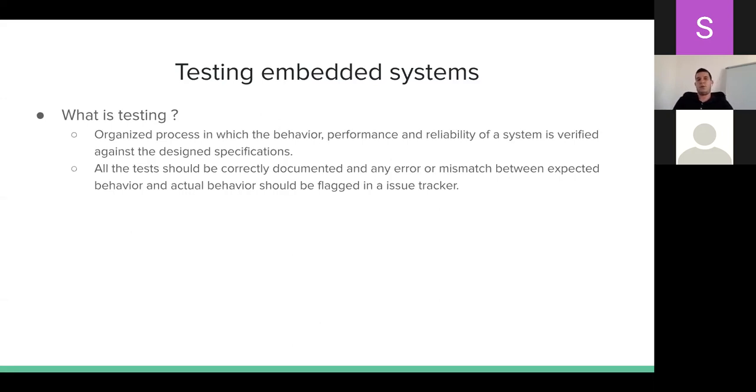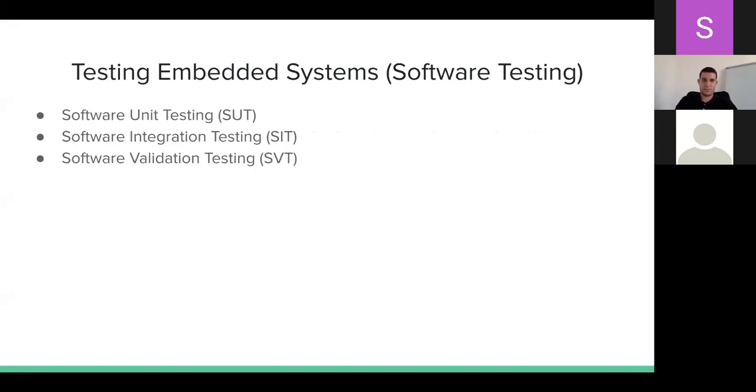All the tests should be correctly documented, and any error or mismatch between expected behavior and actual behavior should be flagged in an issue tracker. If the error is a pretty large bug or a critical bug, it could escalate to a documentation update or to a specification update.